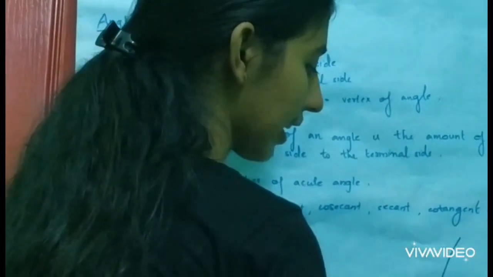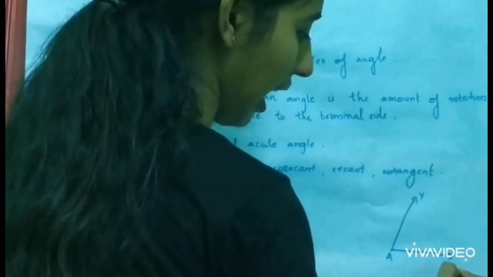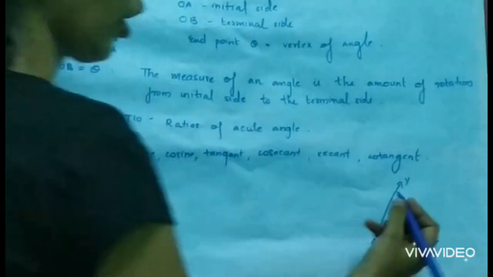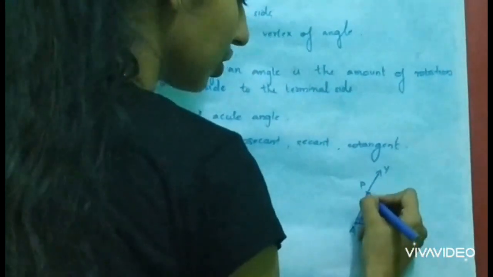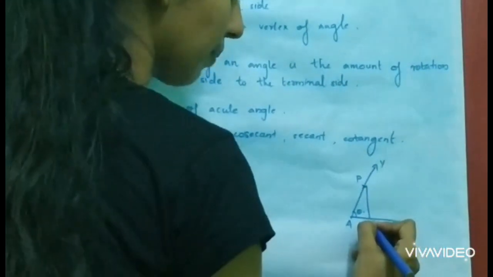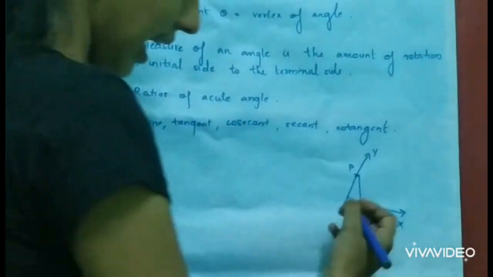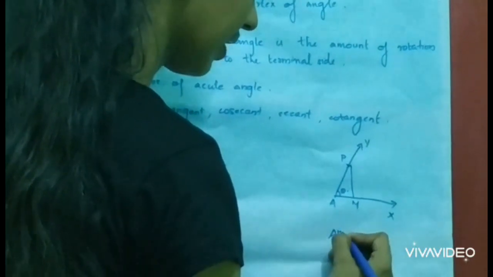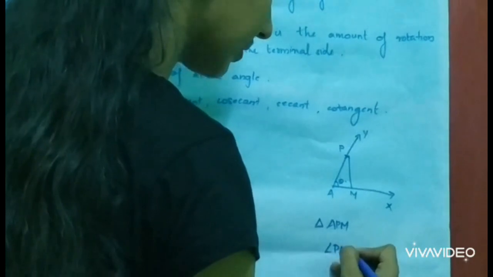Consider an acute angle. Let the rays be AY and AX, and let this angle be the acute angle theta. Consider a point P on AY and draw a perpendicular to AX, and let this point be M. Thus we obtain a right angle triangle APM with angle PAM equal to theta.